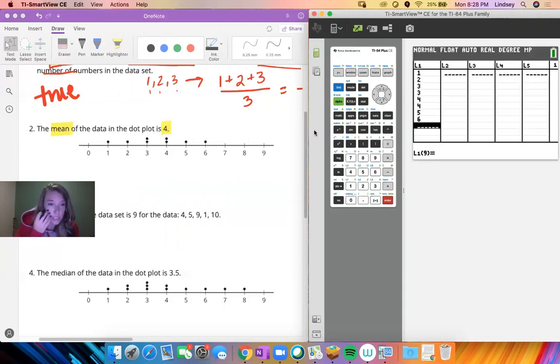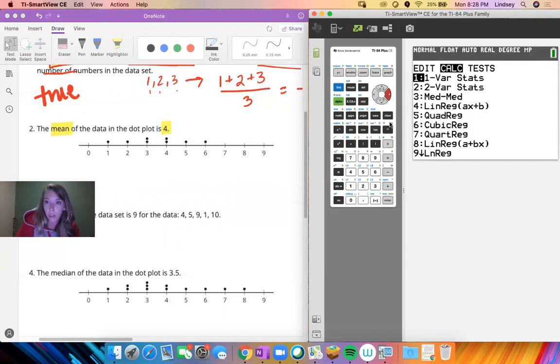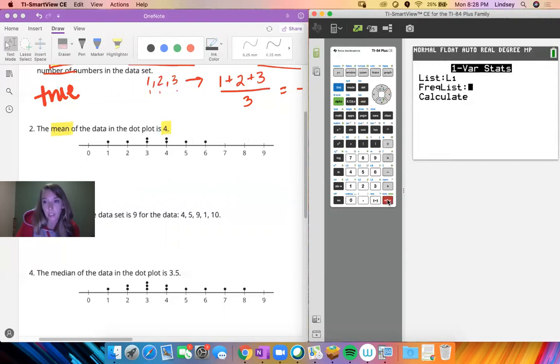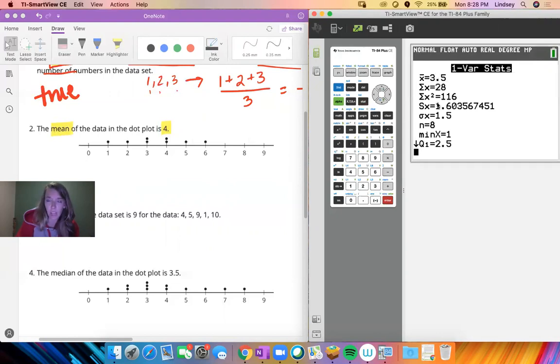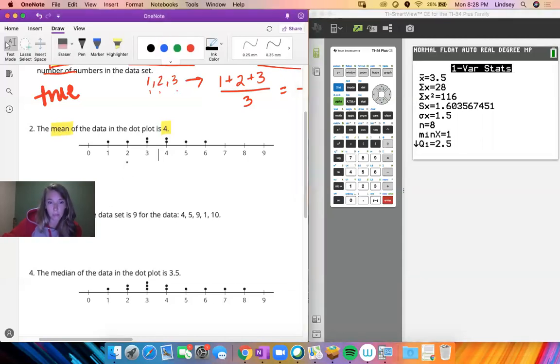Okay, so just the same exact process that you do for the 5-number summary. You're going to go to Stat, over to Calculate, enter, and go all the way to Calculate. Okay, so from here, y'all learned to scroll down to the bottom and you see the min, Q1, median, Q3, and the max. Well, this very first number right here, the little X with the line above it, that is your mean in calculator terms.